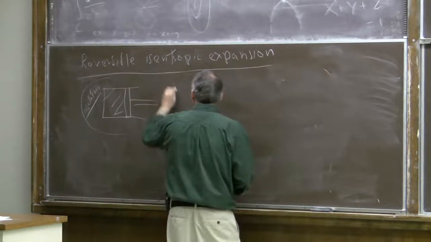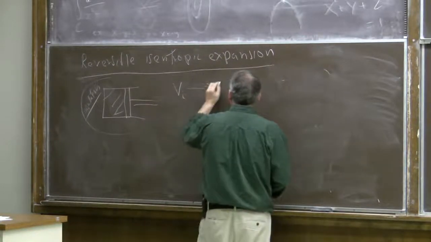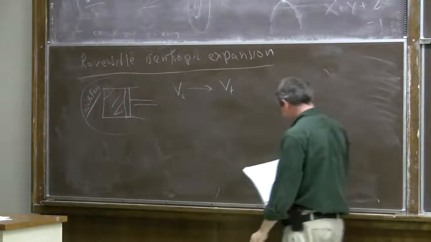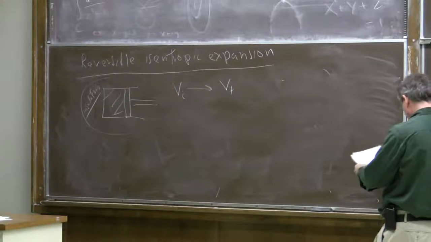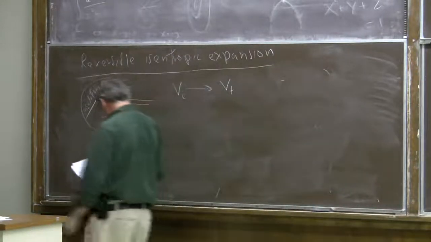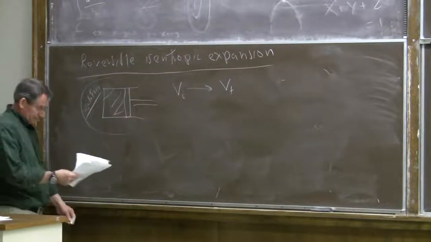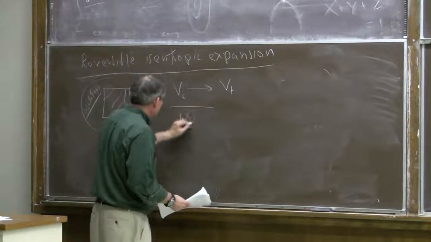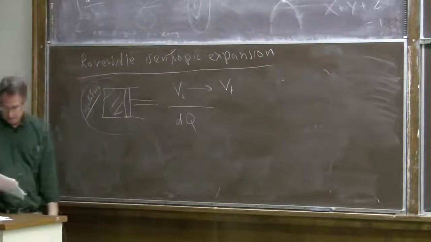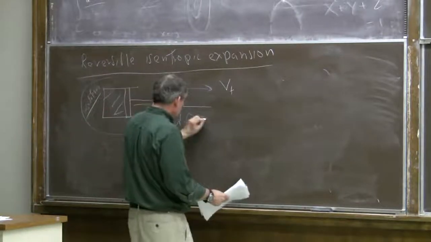Again, we're going to have the initial volume V_i expand to become the final volume V_f. But now there's no heat flow. So that means, and this is why it's called isentropic, dQ is 0.